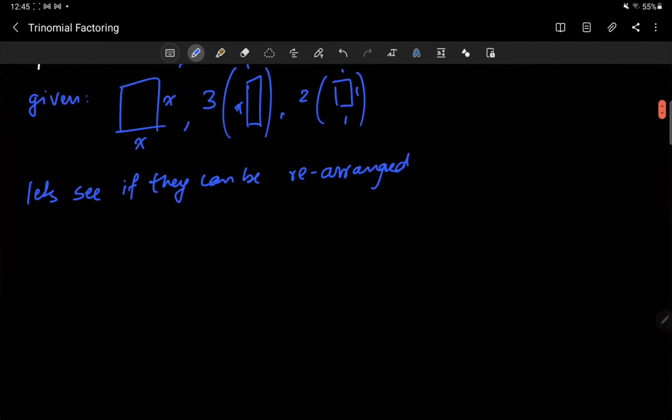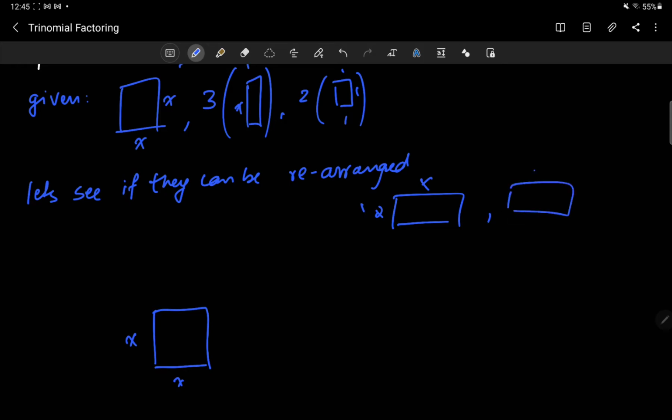Okay. Now when I rearrange, I'm going to start with my biggest piece on the left hand side. And I notice that I've got 3 of these x by 1 rectangles, and I can actually take 2 of them and place them this way, and I can place one other like that.